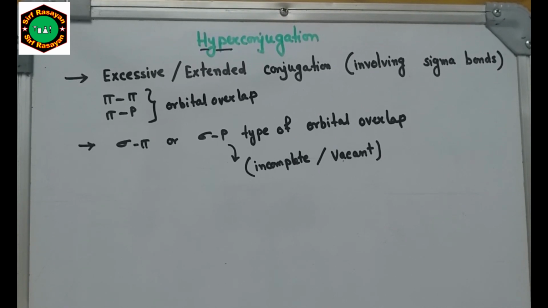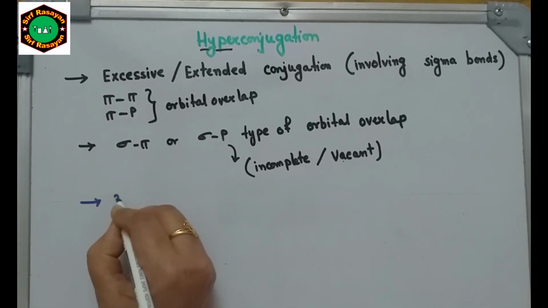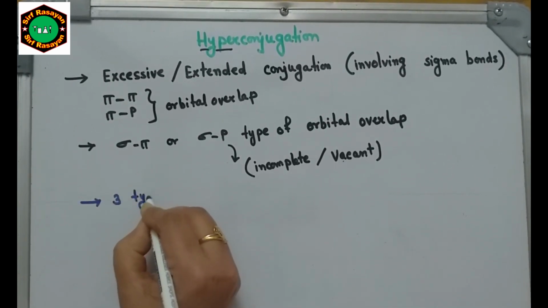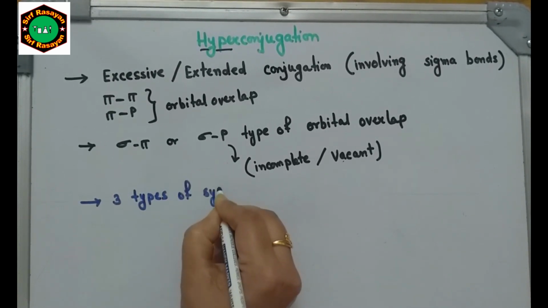Mainly in three types of systems we can observe hyperconjugation. What are those systems?